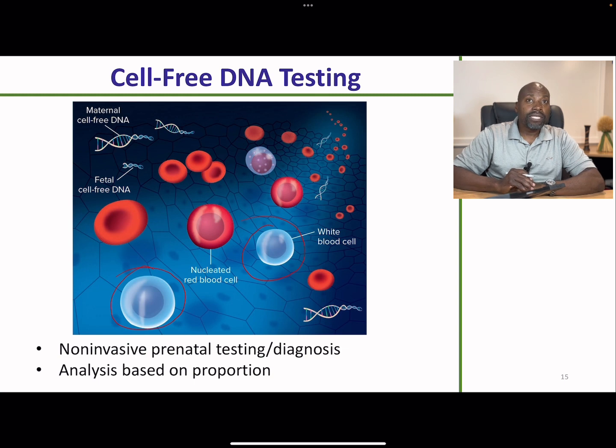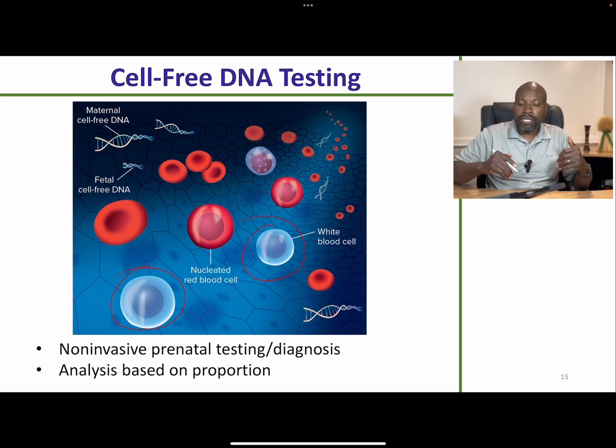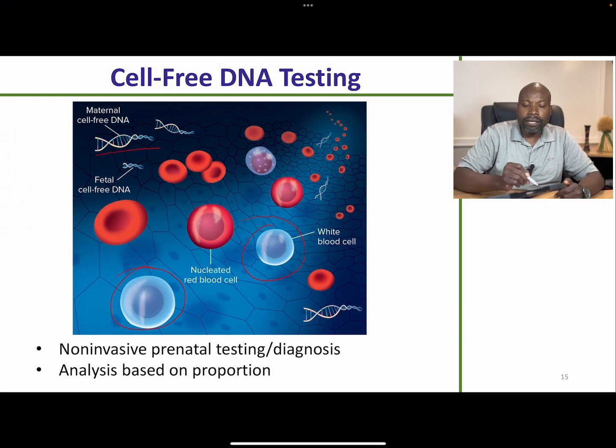And that DNA comes from cells that break apart, right? Say you have a white blood cell that breaks. That white blood cell that breaks is going to release its cytoplasm, and the nucleus is there. The nucleus is going to break down, and we are going to have some maternal DNA in the blood.